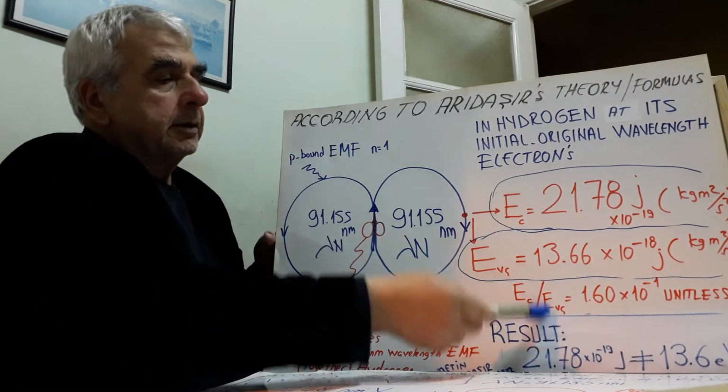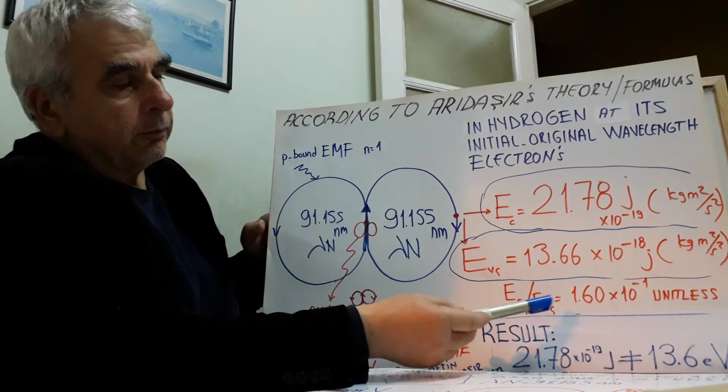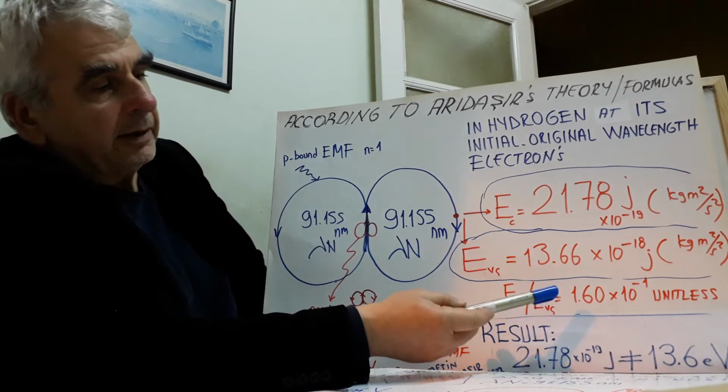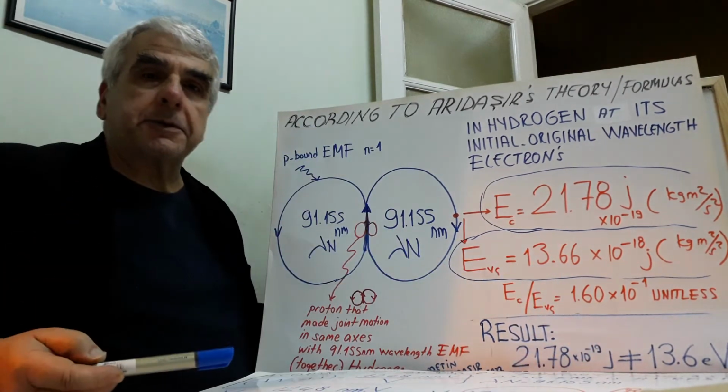And if you divide 2 of that like this, 1.6 10 to the minus 1, unitless.